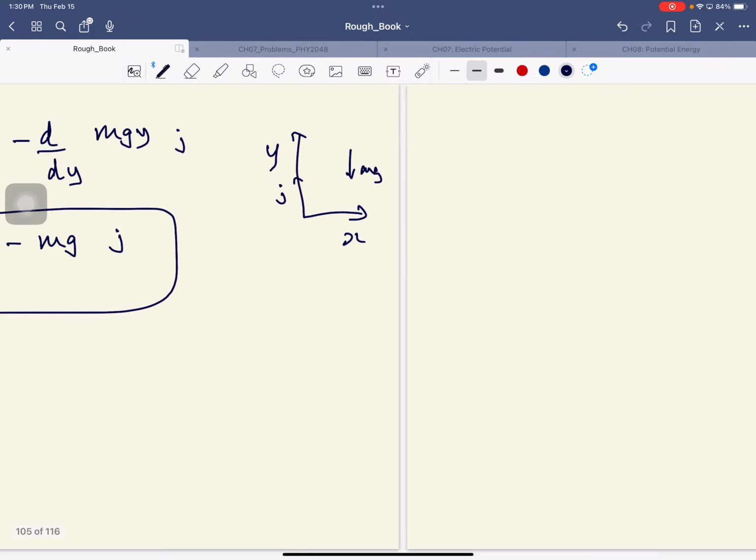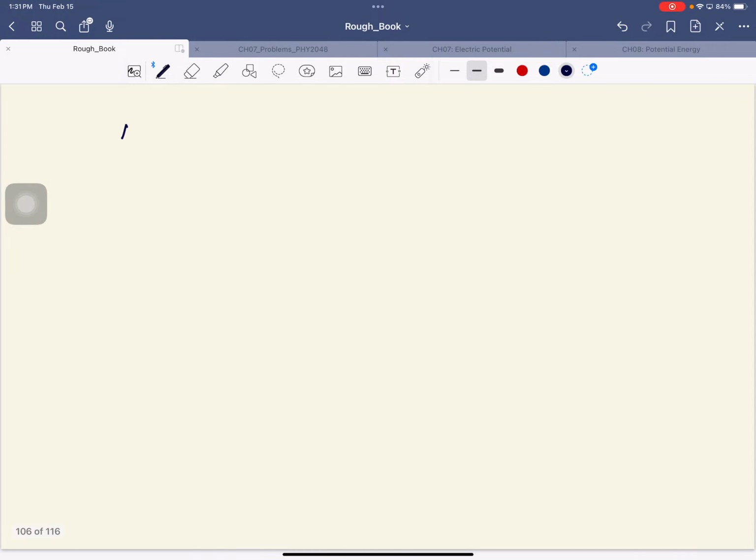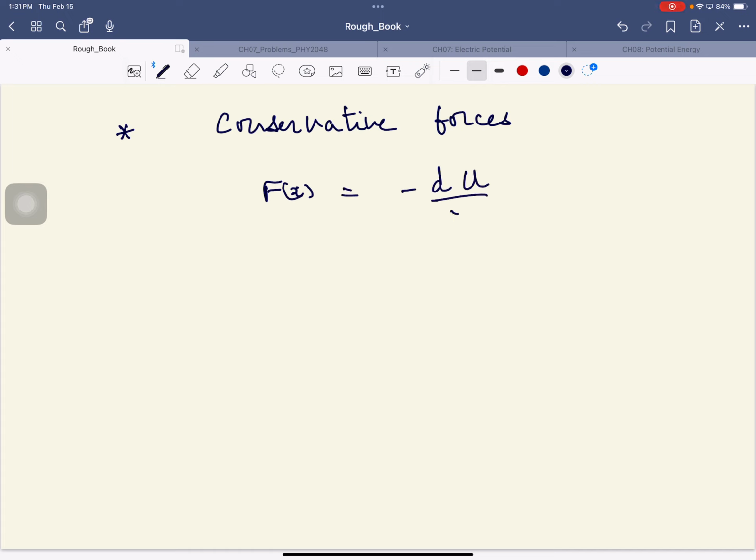Again, let me summarize this, since we are dealing with conservative forces. These forces can be written like so, in terms of the potential energy function, and this is in one dimension.